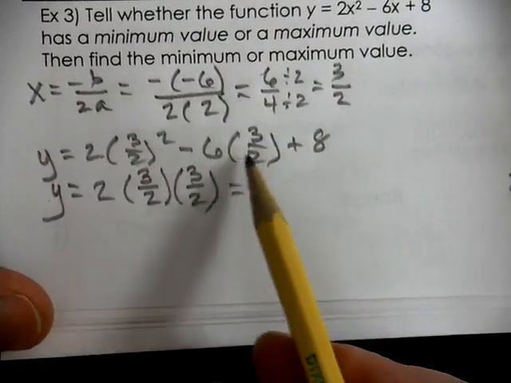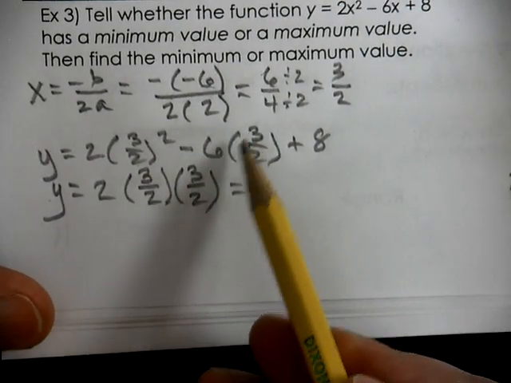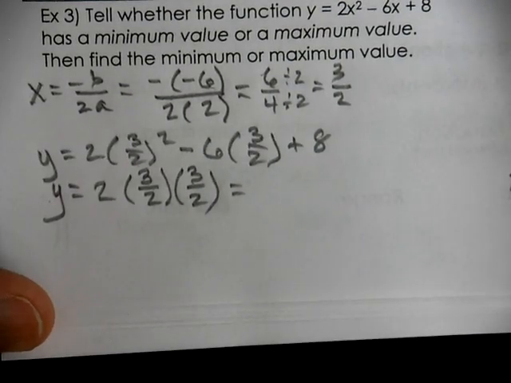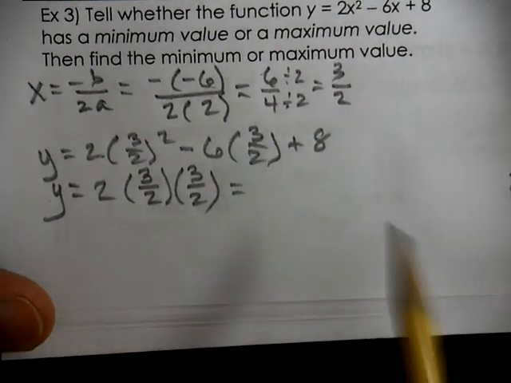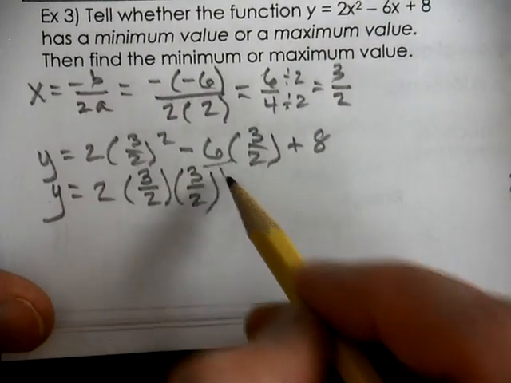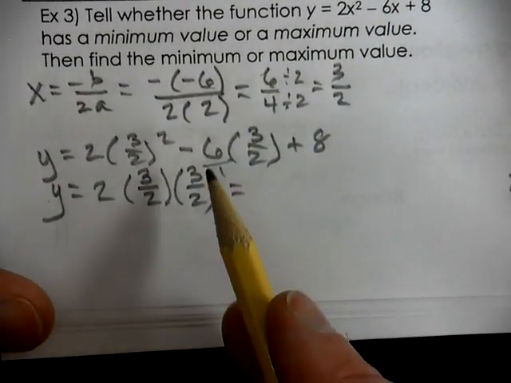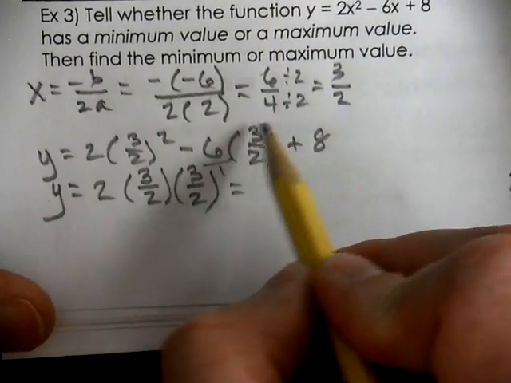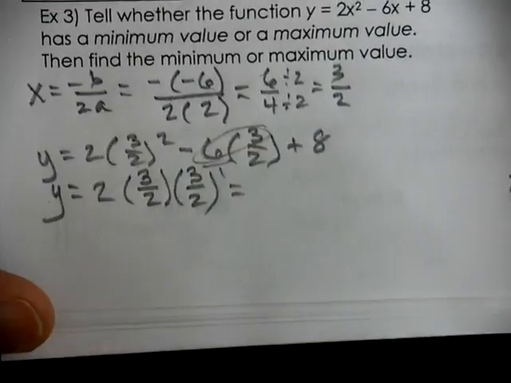How are we going to multiply this? Negative 6 times 3 halves. How does that get multiplied? We've done it many times before. We're going to place a 1 under the 6, so place a 6 over 1. We're going to multiply the top numbers.